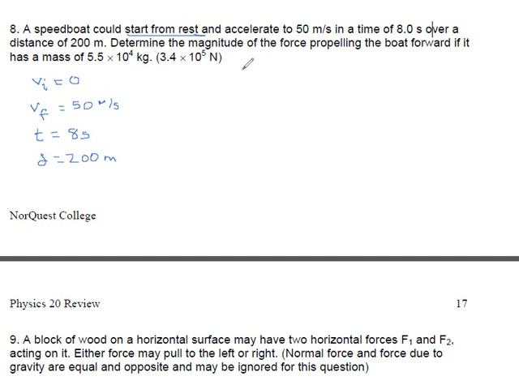Okay, well, the way we generally get force is we do mass times acceleration, and they've given us the mass, so we need an acceleration. So, thinking back to kinematics, is there any way that we could use this stuff and get an acceleration? Definitely yes.